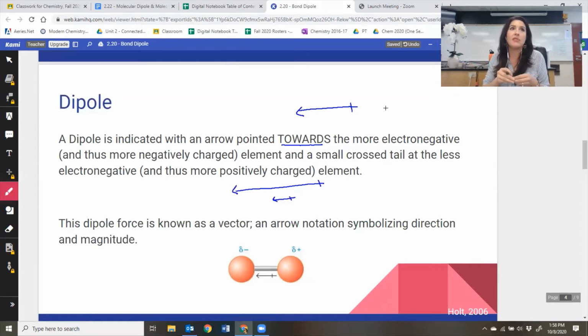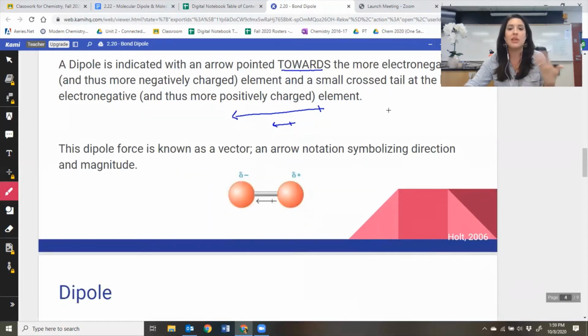Things that have a very small electronegativity difference will be indicated by a short vector, a short dipole, and things with a big discrepancy in electronegativity, where the difference between the two is very large, will be indicated by a larger arrow that shows more magnitude. Also, the direction the arrow points gives you information as well. That's why we point it in this direction. These are, of course, from your book, the text Holt of 2006.